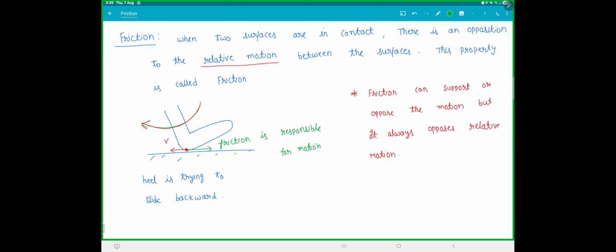So same thing, tell me, when you're going on a cycle, can you tell me the direction of friction on the back wheel and the front wheel? When you're driving a cycle, what is the direction of friction on the back wheel and the front wheel? Options will be forward, forward; backward, backward; forward, backward; backward, forward.